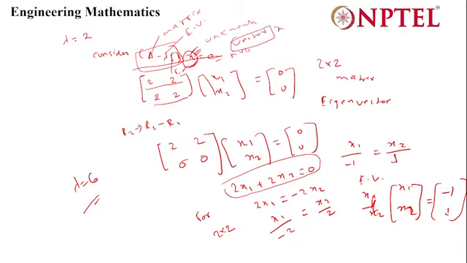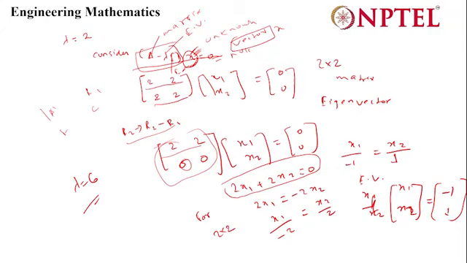After that, I converted this. See, in a matrix, if you do any row operation or column operation, your determinant value, your eigenvalue, and your eigenvector value will never change. So I did one row operation. Now my matrix is like this.